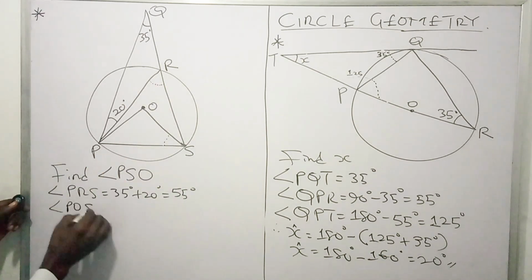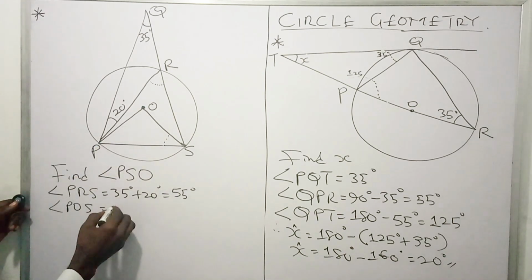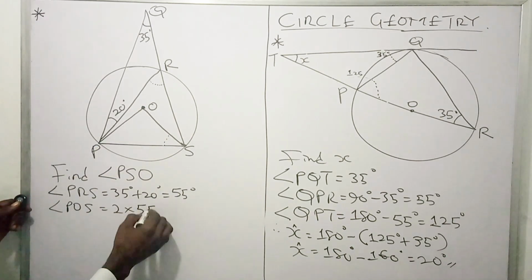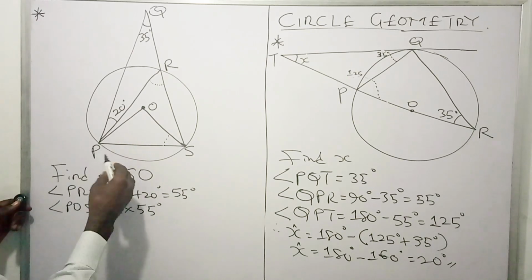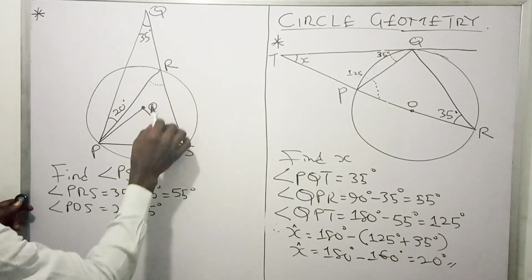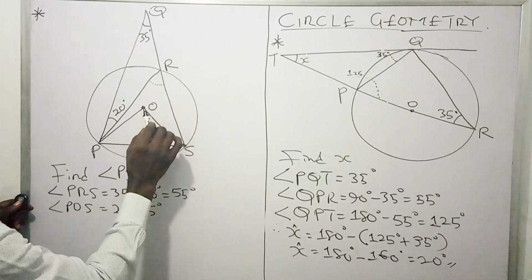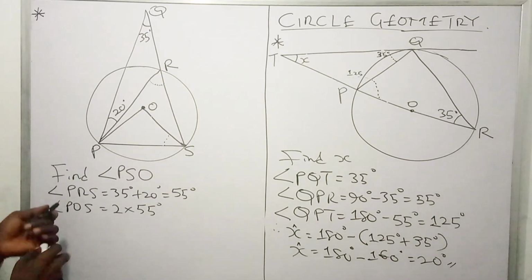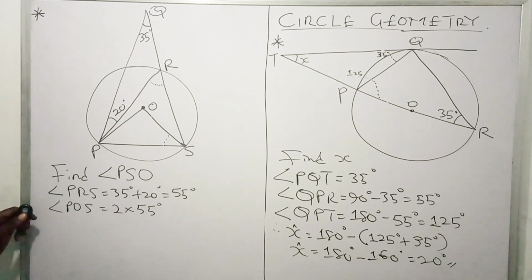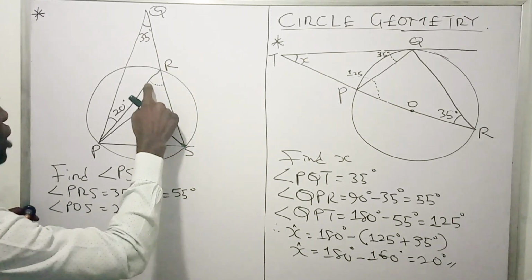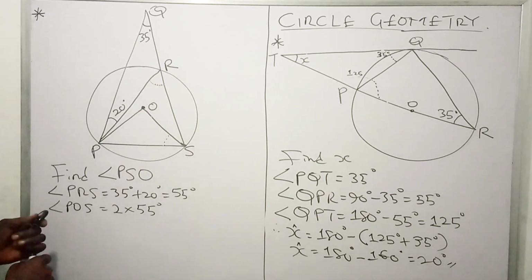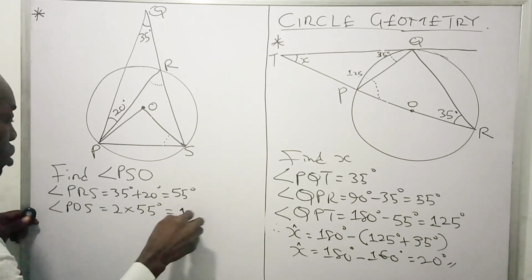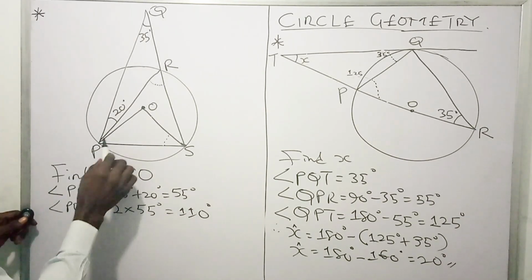Angle POS will be equal to 2 times the one at the circumference. That is one of the circle theorems: the angle at the center equals 2 times the angle at the circumference. 2 times this angle equals this. So that will give us 110 degrees for angle POS.